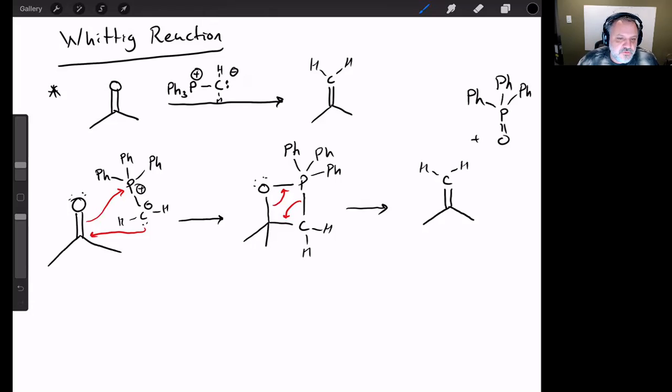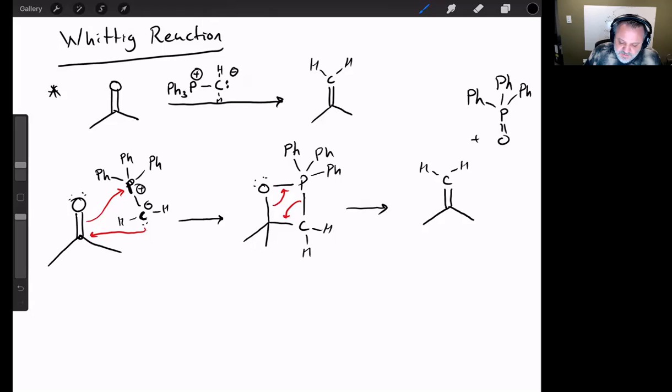It is sort of a nucleophilic attack, but from both species: a nucleophilic attack from this carbon to this carbon, but also a nucleophilic attack to the phosphorus. So both species are doing the attacking at the same time.